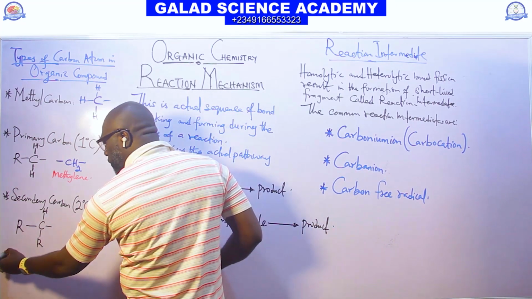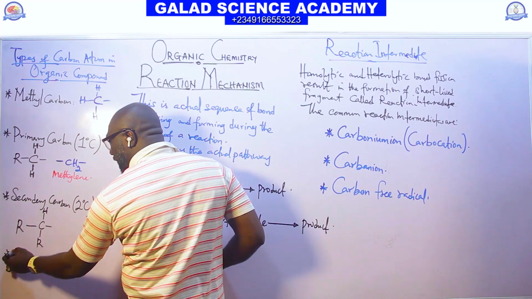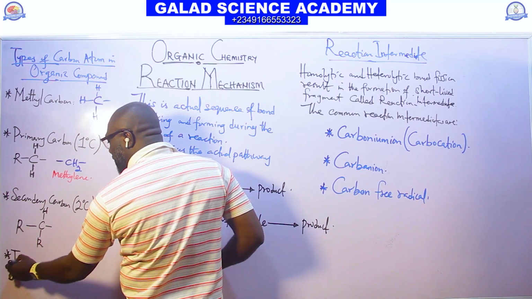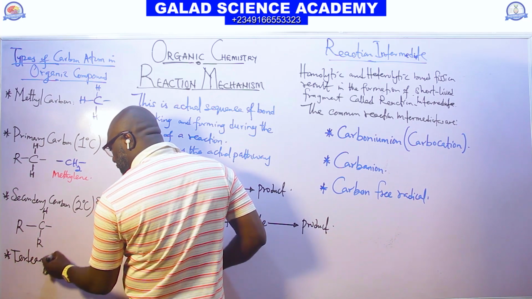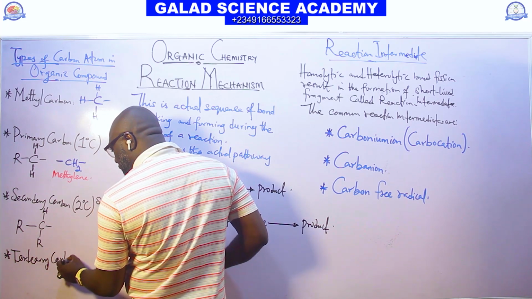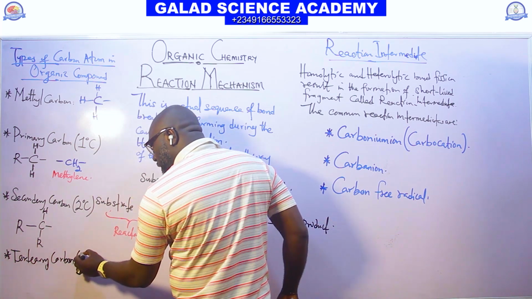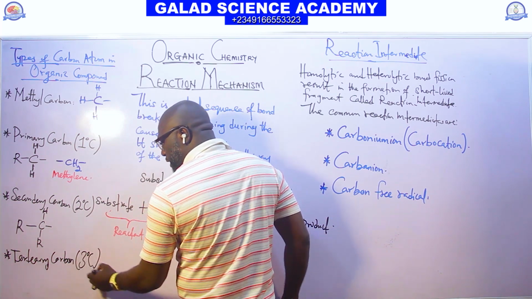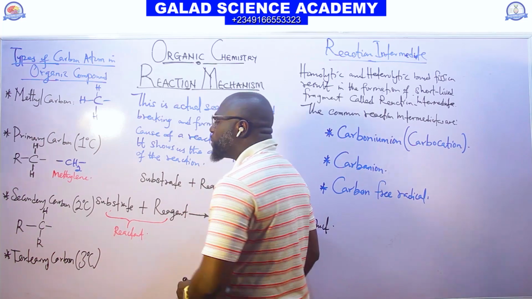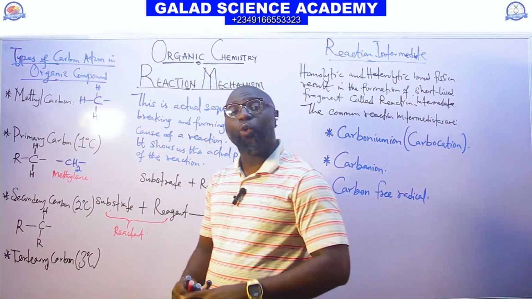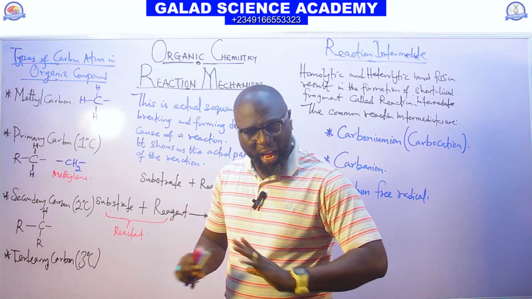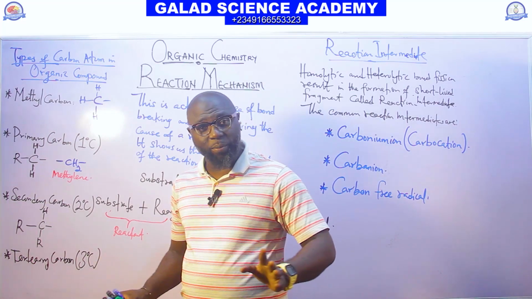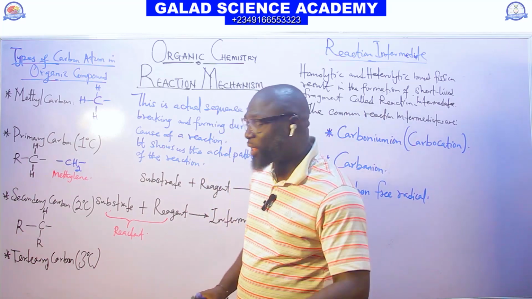And the third one, we have the tertiary carbon, 3 degree C. The tertiary carbon is a carbon atom that is bonded with three alkyl groups without any replaceable hydrogen atom.